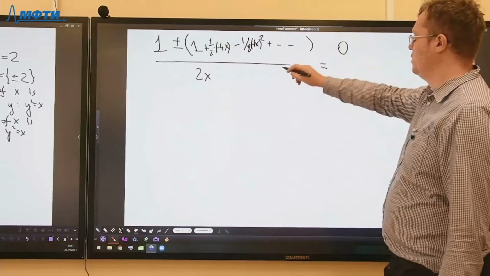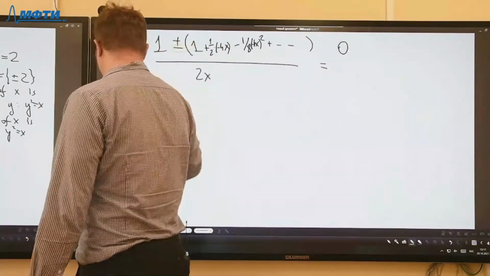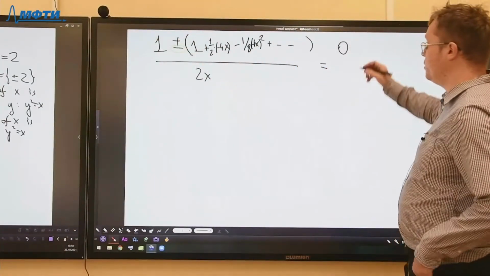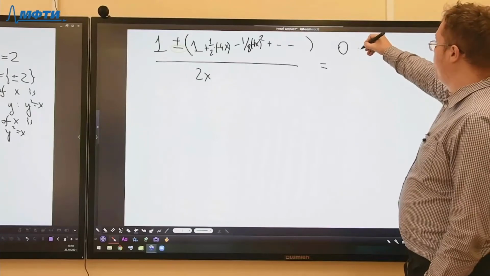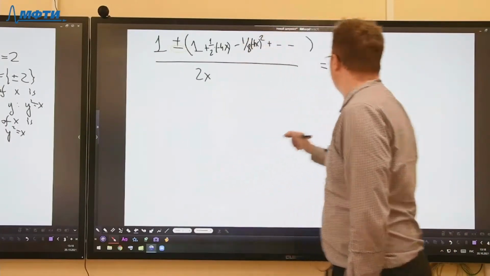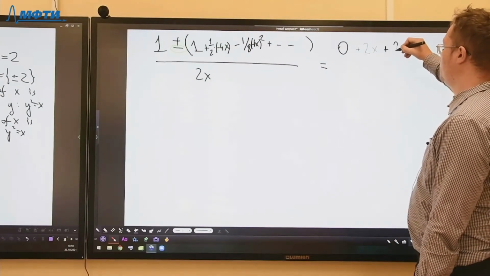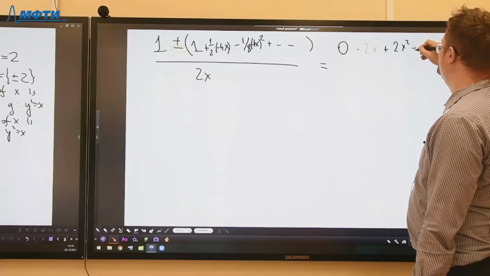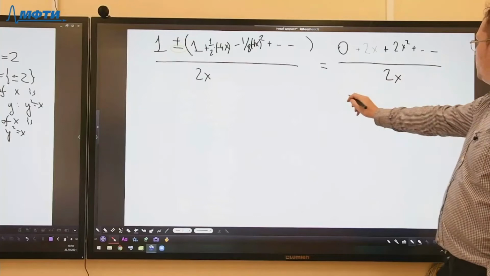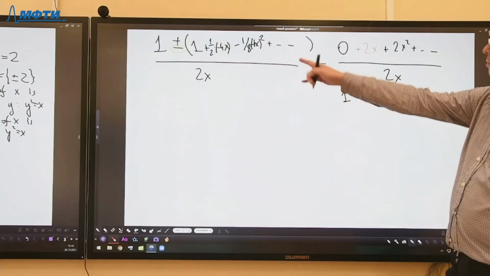If I take plus, it will be plus 2, and this is bad because we cannot divide this by 2x. But if we take minus, we will have 0 plus 2x plus 2x squared, and so on. Then we can divide this by 2x and we'll have 1 as the first coefficient, and this is C0, so we need to take minus.